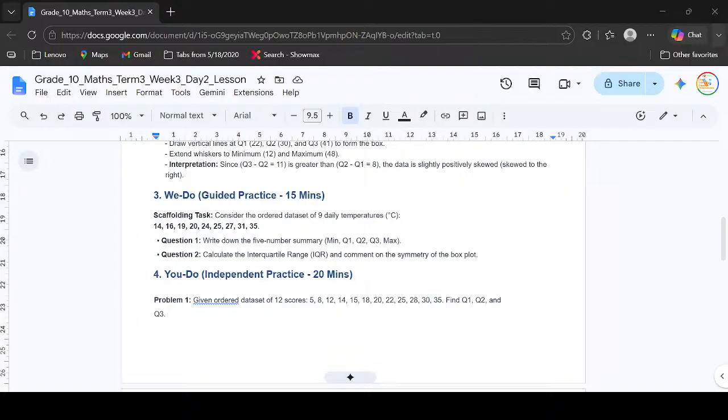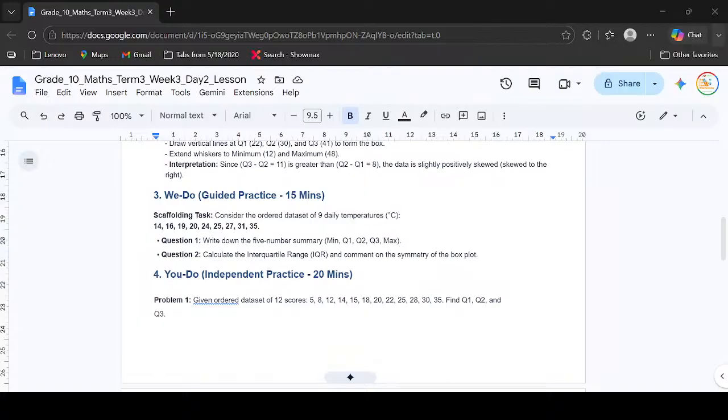Step 2. Interquartile range, IQR. IQR equals Q3 minus Q1 equals 41 minus 22 equals 19. Correct. M, 1 mark: method mark for correct substitution of 41 and 22. CA, 1 mark: consistent accuracy mark for final evaluation of 19.